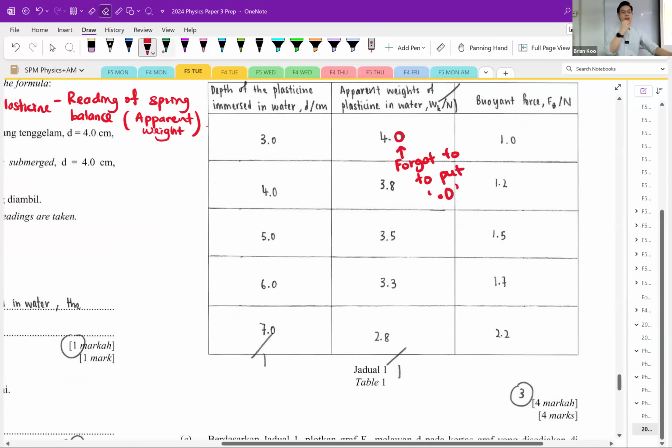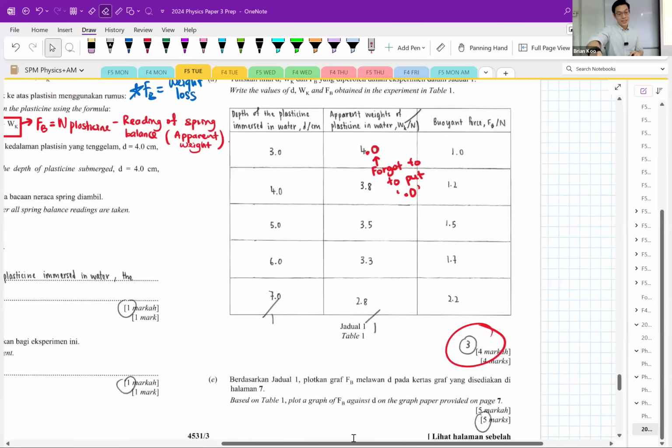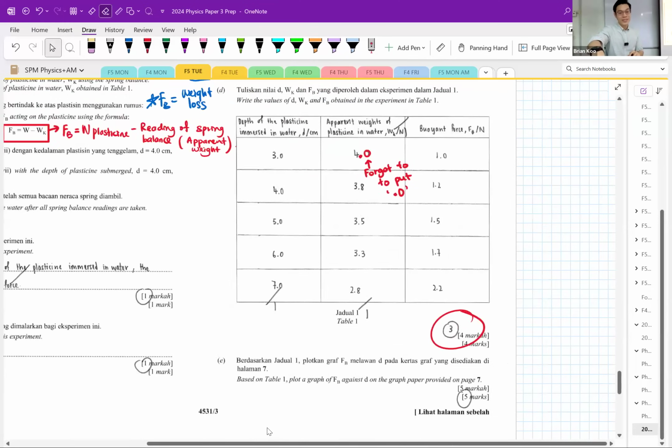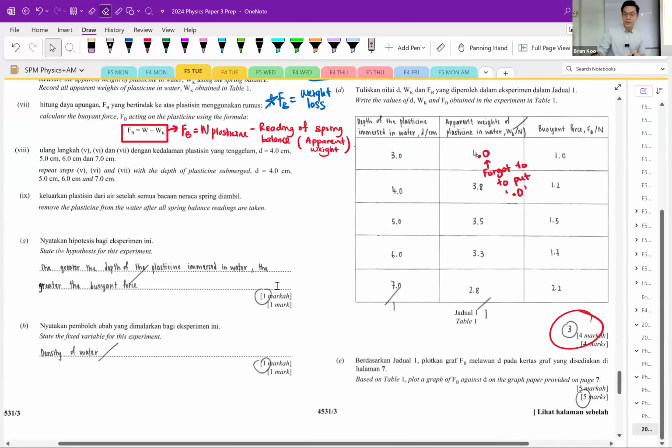That's why, even though the whole table is right, this person lost a mark, because it's in red color. Actually, the one is the teacher's. It's the 0.0. You forgot the 0.0. The decimal place is no longer consistent. So this person got 14 out of 15 for that 0.0. Very cruel. That's why it's very easy to lose marks, and very easy to get marks also.